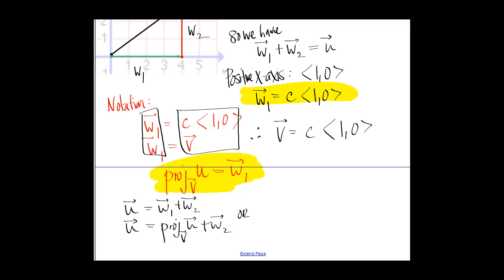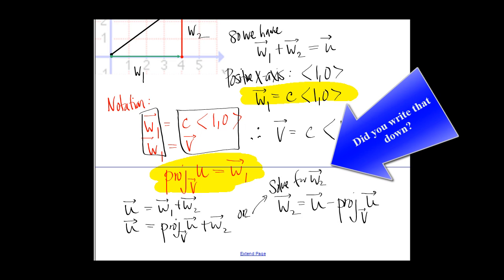Or, if we solve for w sub 2, so subtract the projection of u onto v from both sides, we get w sub 2 is equal to the vector u minus the projection of u onto v. Now luckily we have a formula to do this.